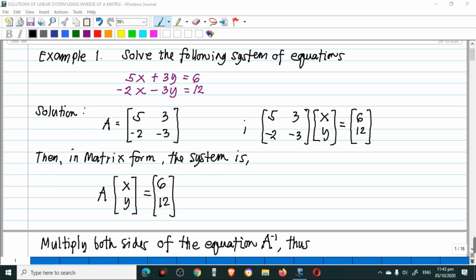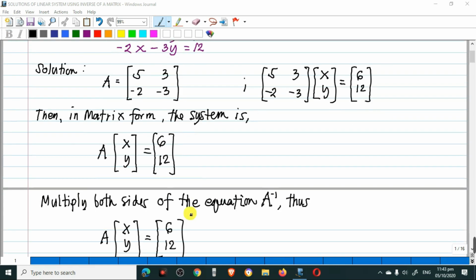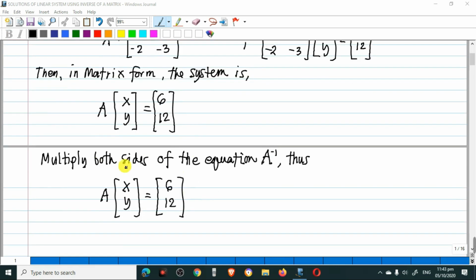In order for us to use our inverse of a matrix, we need to arrive at an equation that has the inverse of a matrix. So the first thing to do is multiply this equation by the inverse of a matrix. So here it is, I already wrote it. Multiply both sides by A raised to negative 1, or simply, our inverse of a matrix.